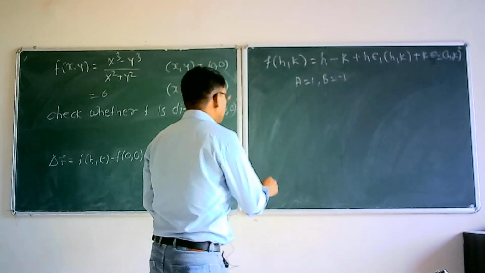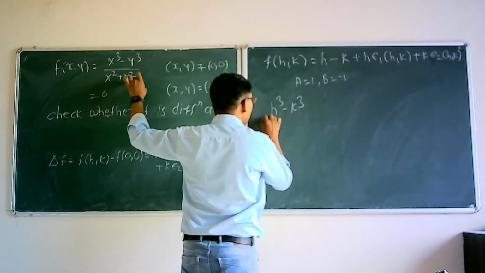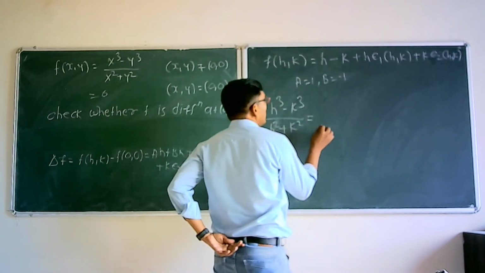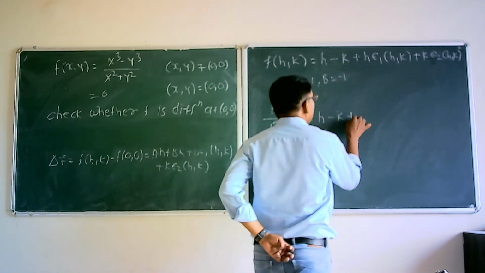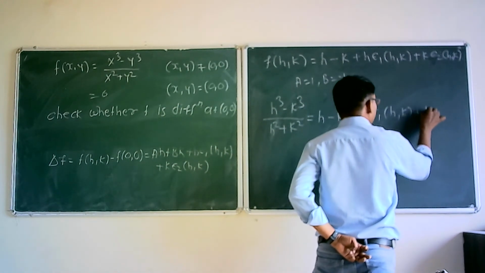That is, f(h,k) is h cube minus k cube divided by h square plus k square, which is equal to h minus k plus h epsilon 1(h,k) plus k epsilon 2(h,k).